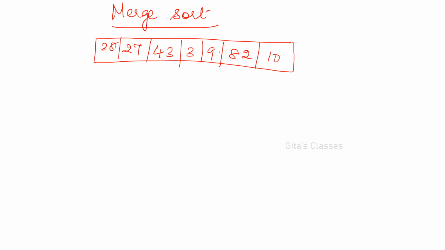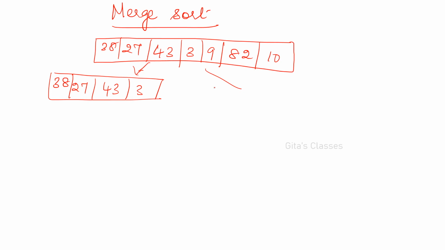These 7 numbers are to be sorted. So what we will do, we will divide it into 2 equal parts. 38, 27, 43 and 3 I will take into one part, and in the other part I will take 9, 82 and 10.